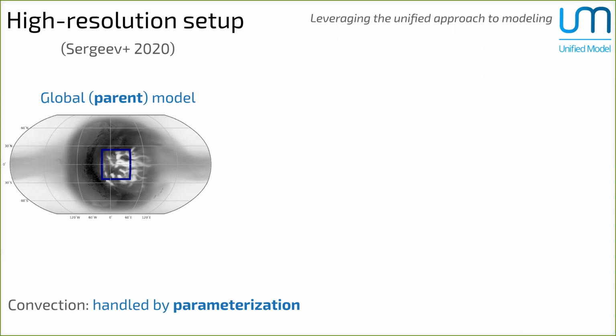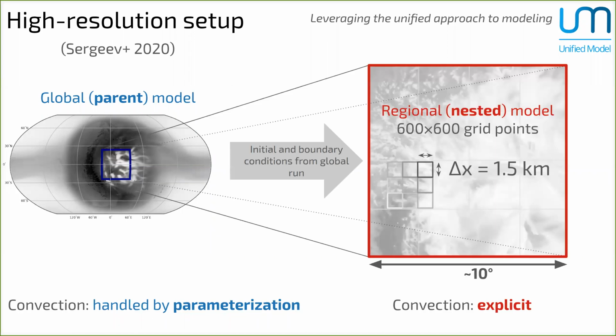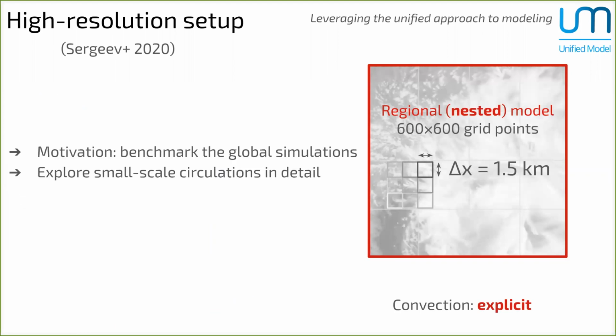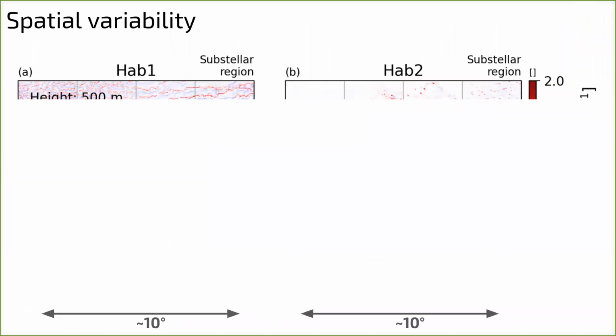But essentially, it involves running a global model, which is a parent model and supplies initial and boundary conditions for the regional model, which is run with a convective permitting high resolution grid of 1.5 kilometers, where convection is simulated explicitly. And the motivation for this is to benchmark the global simulation in the absence of in situ observations on exoplanets and to explore small-scale circulation in detail.